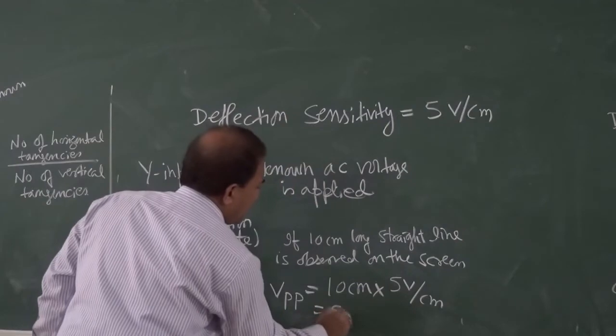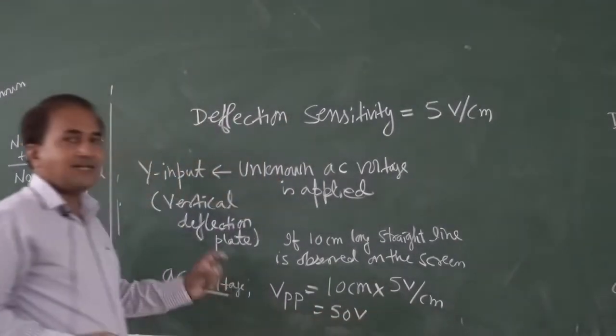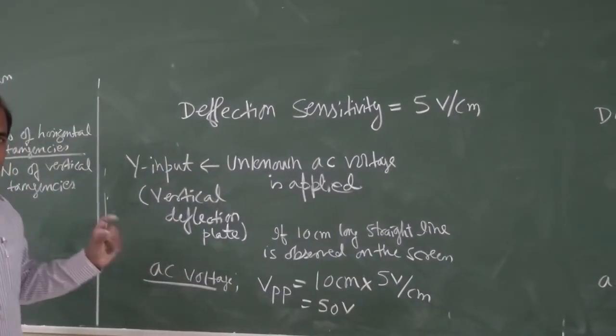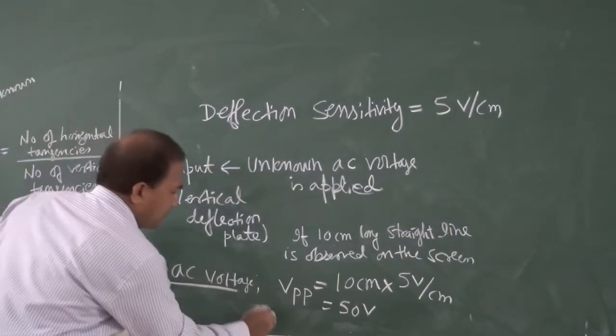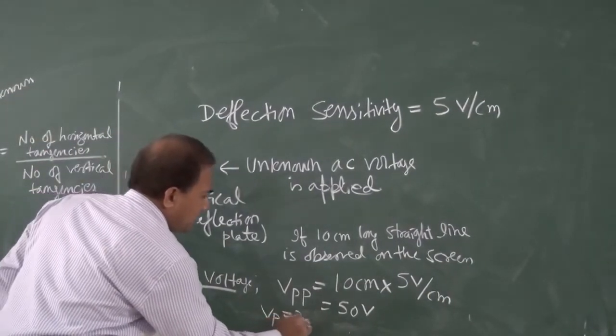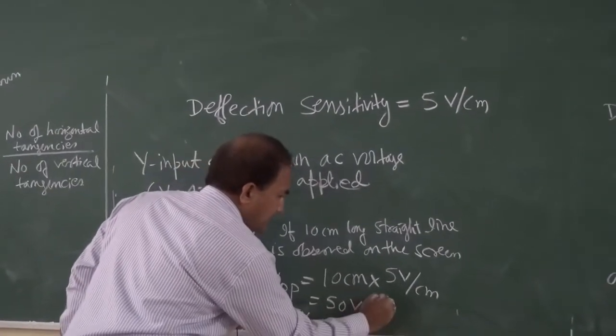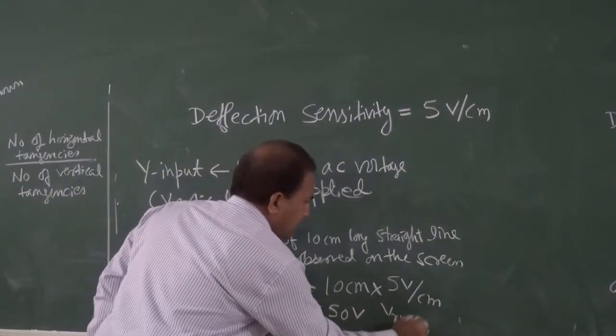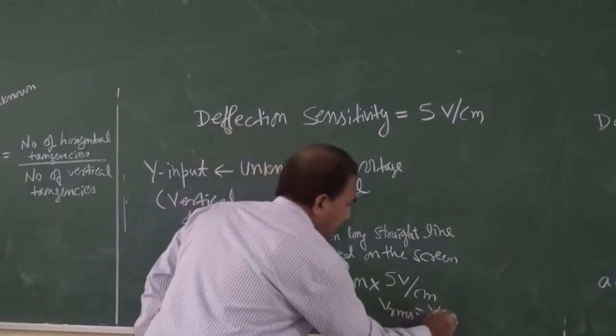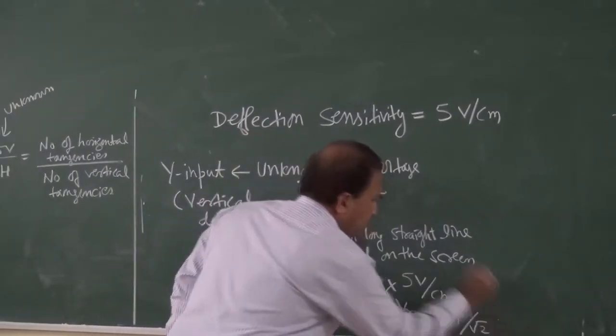So it is equal to 50 volt. This is V peak to peak. Then we can calculate VP. VP is equal to 25 volt. Then how can we calculate Vrms? Vrms is equal to V peak divided by under root 2.